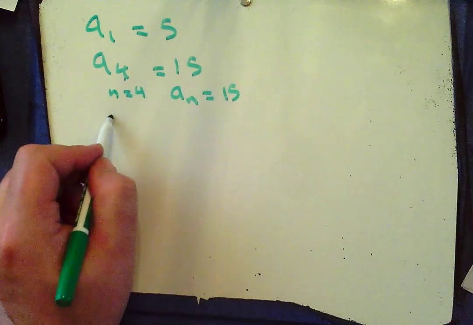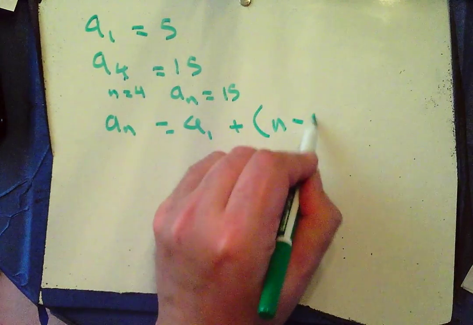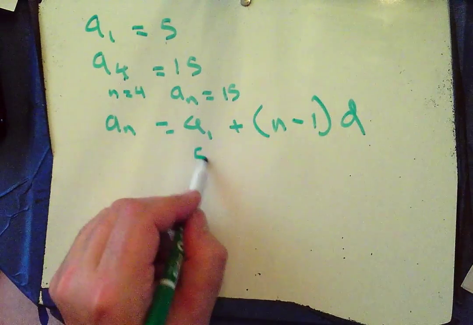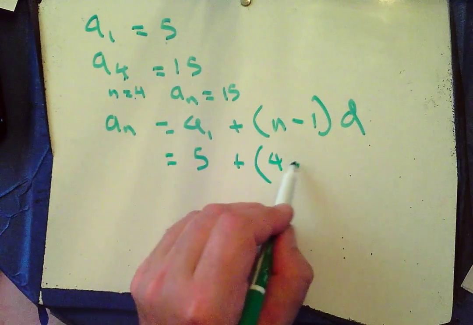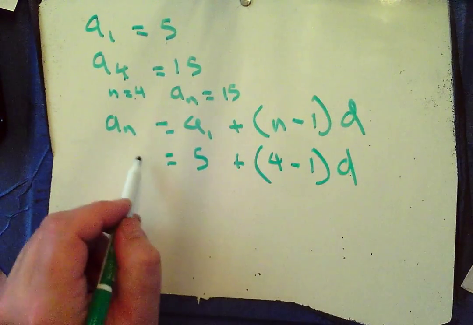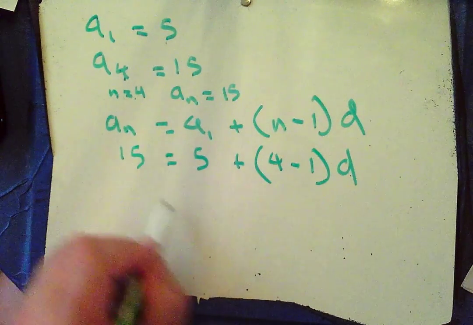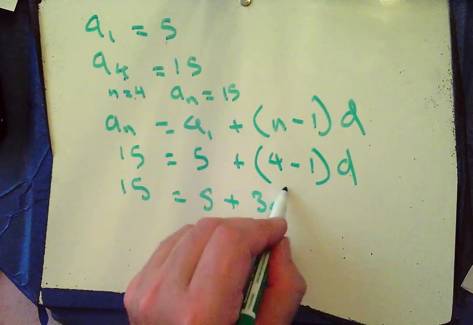So I can use a sub n equals a sub 1 plus n minus 1 times d. Let's plug in what we know. We know a sub 1 is 5. We know n equals 4. We don't know d, but over here, we know a sub 4 is 15. So 15 equals 5 plus 3d.